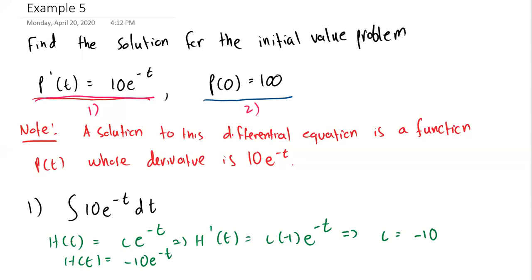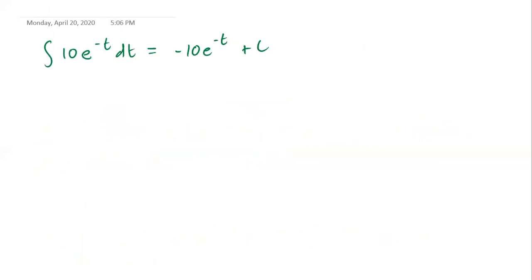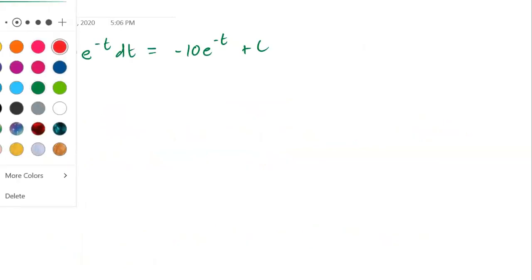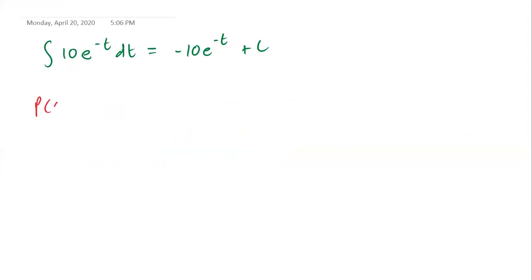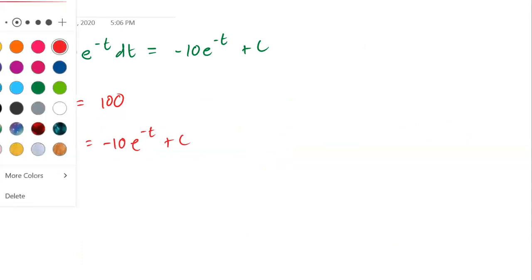The second step is we want one that specifically satisfies p of 0 equals 100. So we want p of 0 to be equal to 100. So I should have used p before. Let me just use it here. But now we have that p of t equals, this is all antiderivatives. We want it to satisfy p of 0 equals 100. We can just plug that in and solve for c.